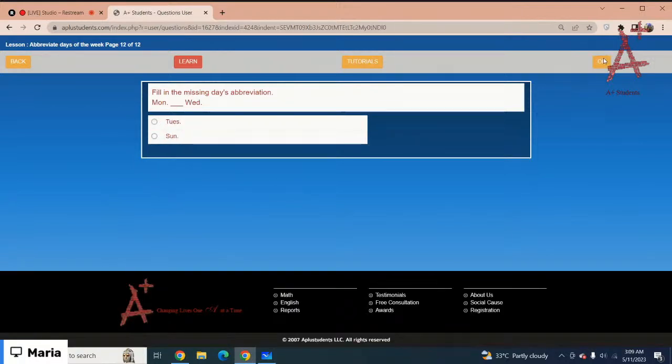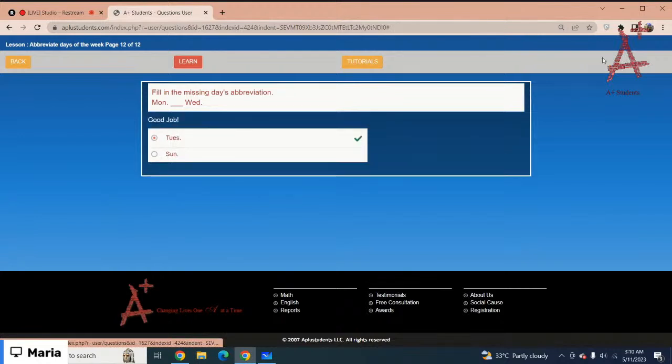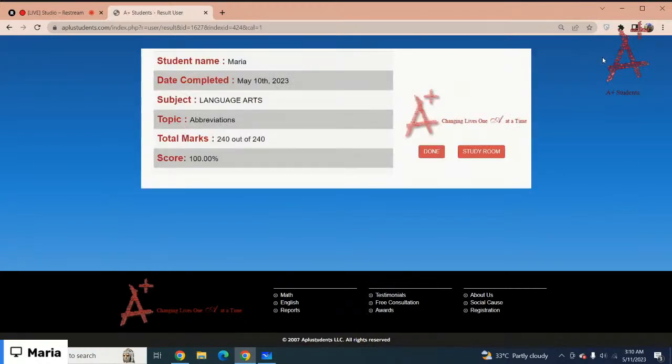Okay, fill in the missing day's abbreviation. Monday, blank, Wednesday. So which is the day after Monday? Yes, it would be Tuesday. The correct option is Tuesday. Okay, we are done with the lesson. Let's move on to the next lesson.